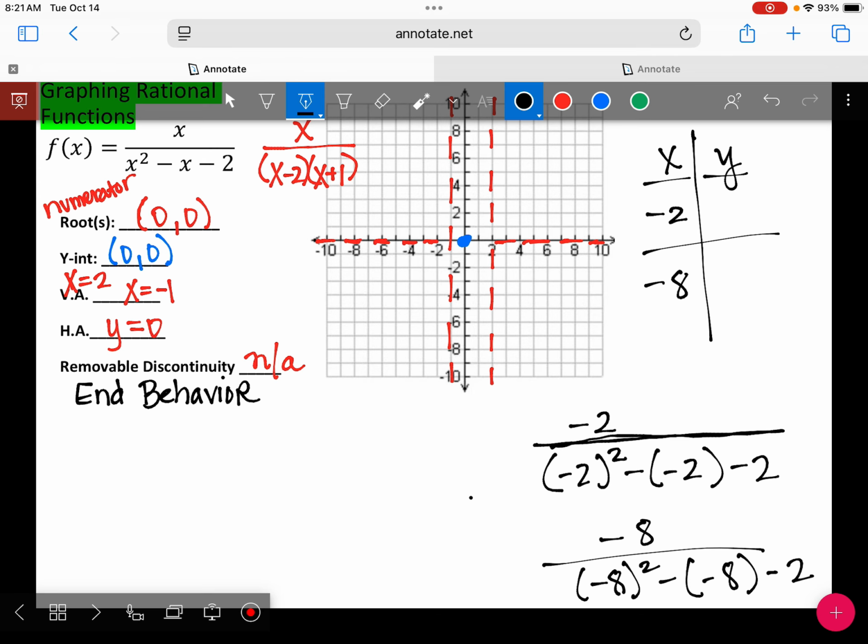So I need y'all to help me because I don't even have this one. That's weird. Okay, so what do we get for -2 when we type that in?